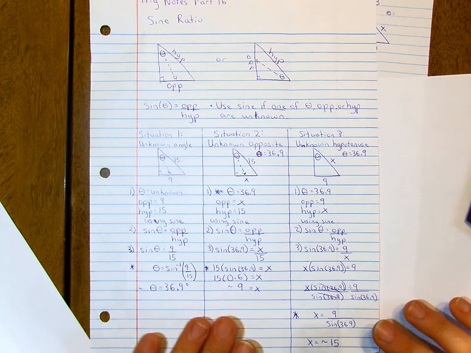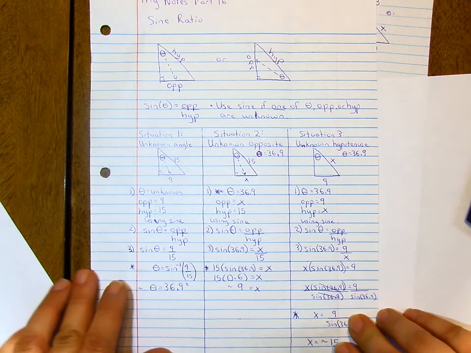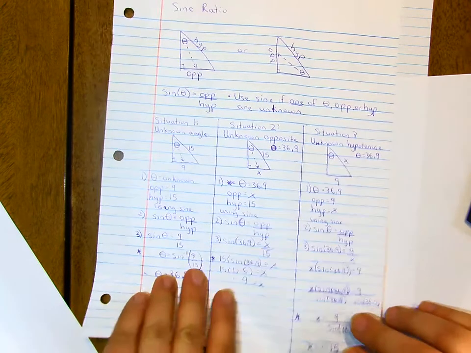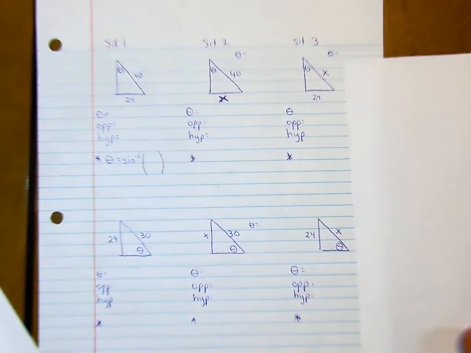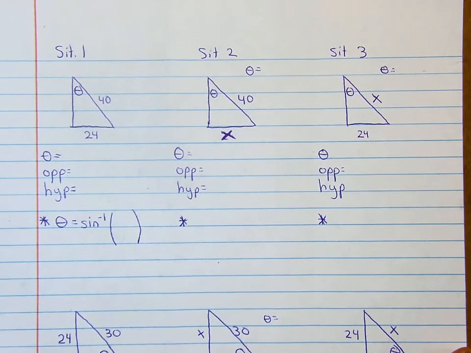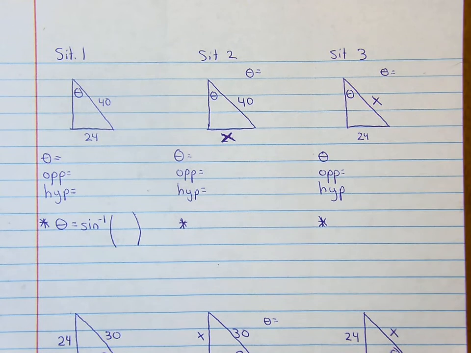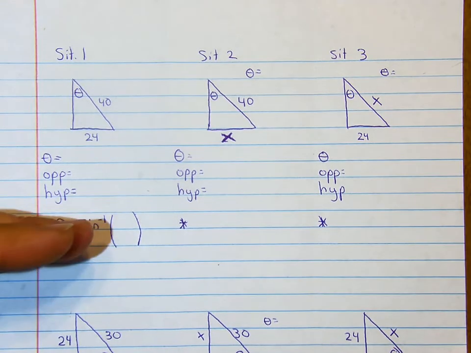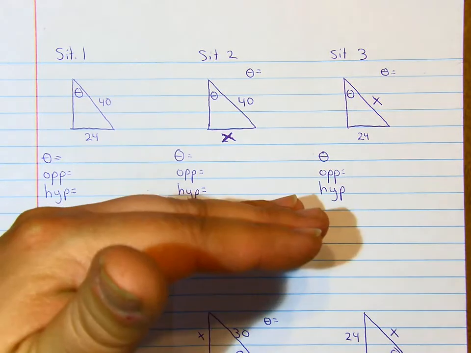Again, feel free to pause whenever needed, but we are going to move on to some practice problems. So we have our three situations: unknown angle, unknown opposite, unknown hypotenuse.